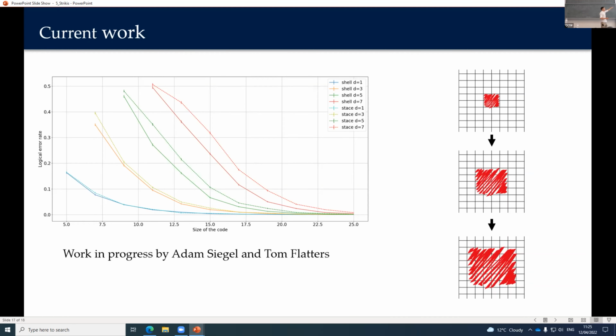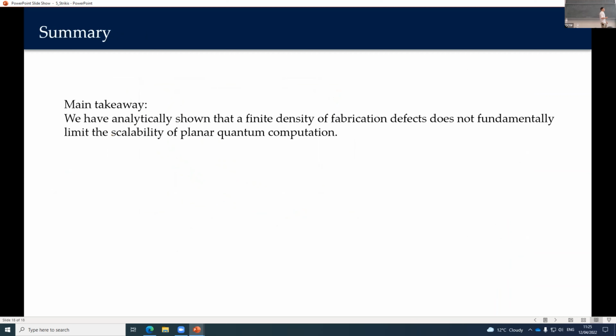It starts outperforming the method where we alternate super stabilizers every single round. So the main takeaway from this talk and from the paper itself, what we wanted to really present, is not so much the method of how to deal with these fabrication defects, but more of giving you a guarantee that fabrication defects are not fundamentally detrimental to scalability of planar architectures.